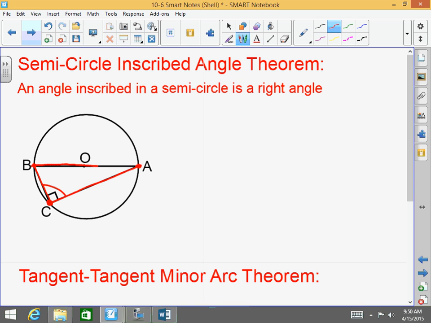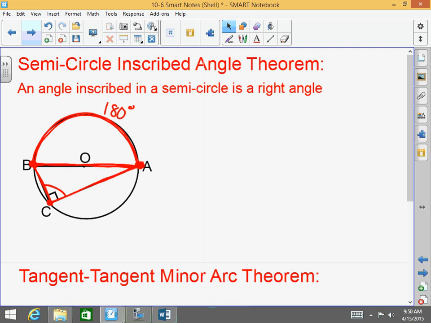This is the diameter. So due to the central angle theorem, if BA is a diameter, isn't arc BA 180 degrees? Isn't an inscribed angle half of the arc that it intercepts? Doesn't this angle here intercept arc AB? So therefore this has to be 90.